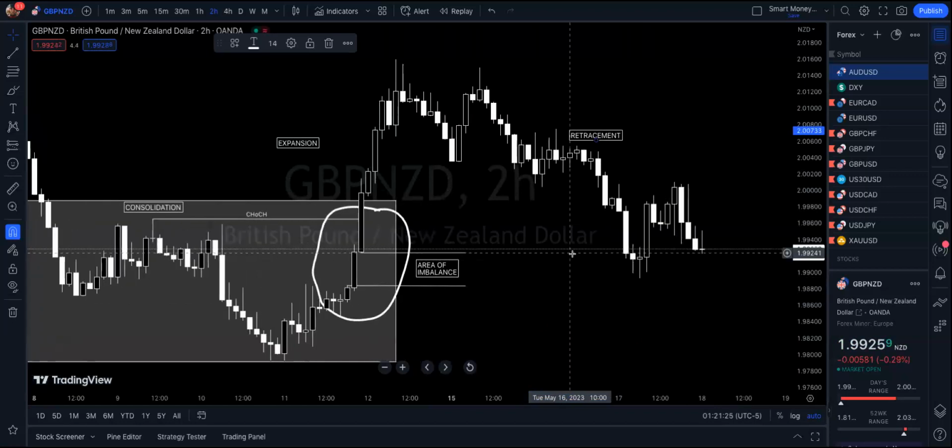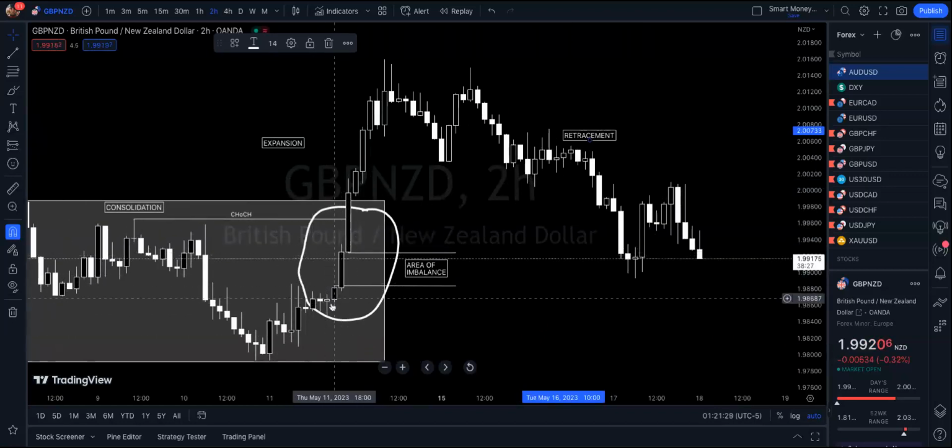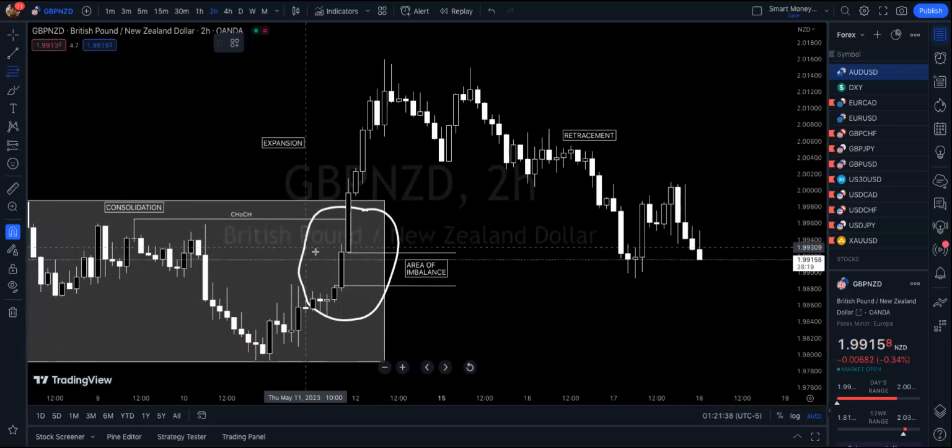And another thing, when this expansion left, see this last candle here before the imbalance was created? This is called an order block. This is where price is most likely to return to. Some people like to use this whole zone.